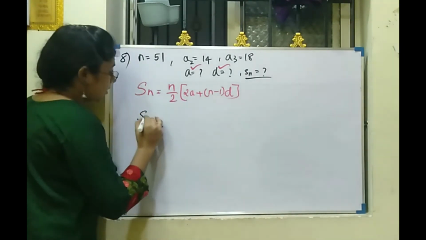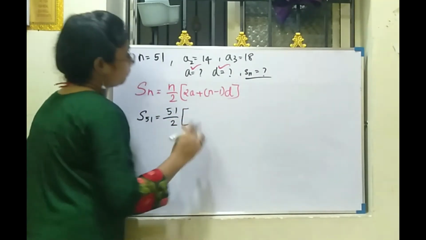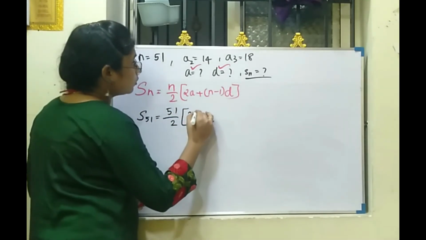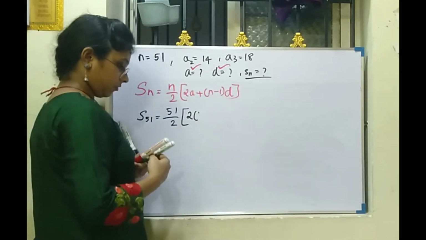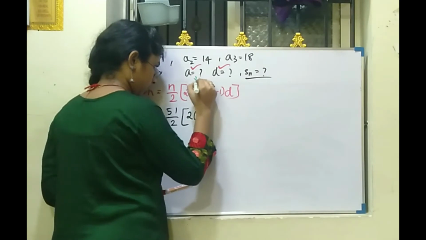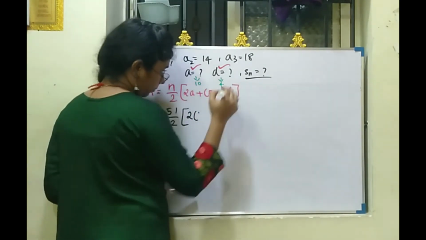Here S51 is equal to 51 divided by 2. The value of A is 10 and value of D is 4.